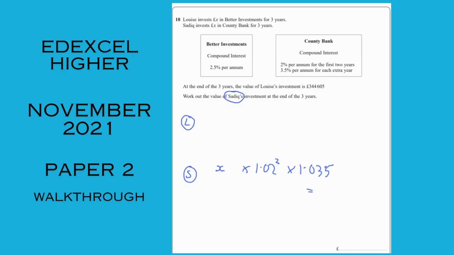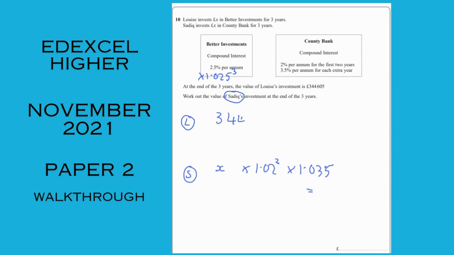So Louise is actually posh reverse percentages because we know her final amount. Her multiplier would have been 1.025 cubed because it's for 3 years. We need to work backwards.